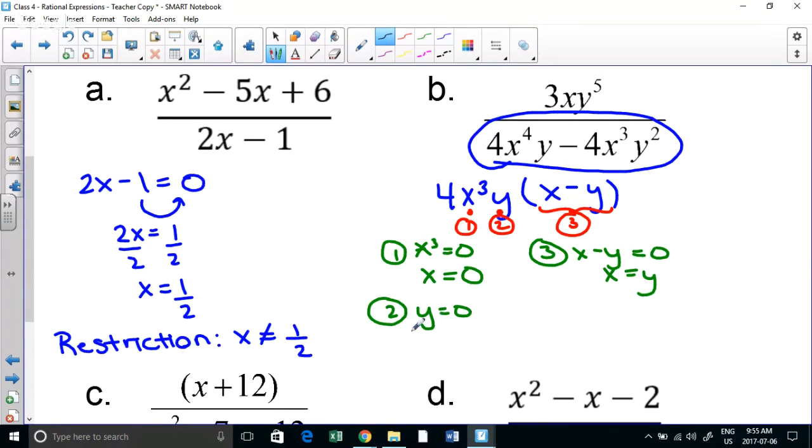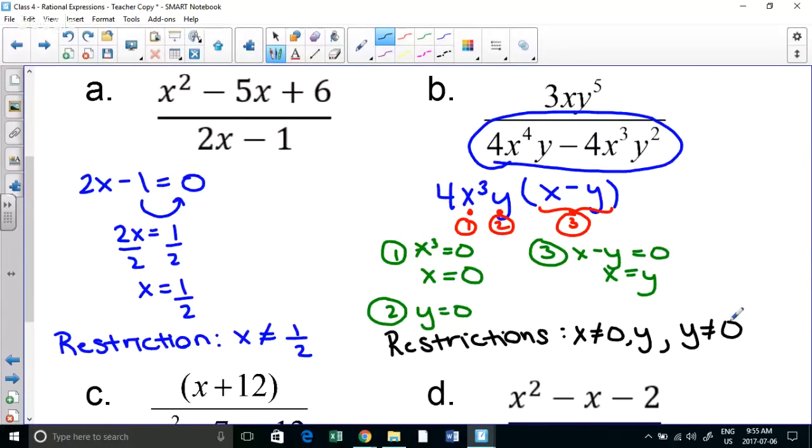All I do now is say my restriction: x cannot be 0, x cannot be y, and y cannot be 0. Those are my restrictions. And that's it. So factor, set the factors equal to 0, and solve.